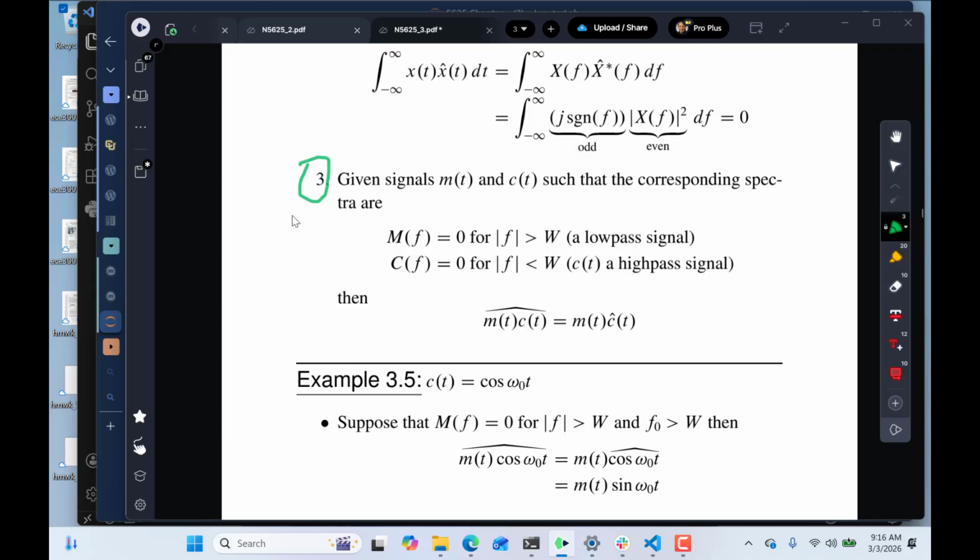The message is going to be band limited to say W hertz, so it goes to 0 above W hertz in bandwidth, multiplied times a cosine that's like a carrier frequency, omega naught t, where f naught is greater than W. Then we see this orthogonality relationship bears out as a special case of saying that the Hilbert transform of the product is just the band limited signal times the Hilbert transform of the cosine. So we get this result. And that's a useful property as well in creating a modulator or demodulating.